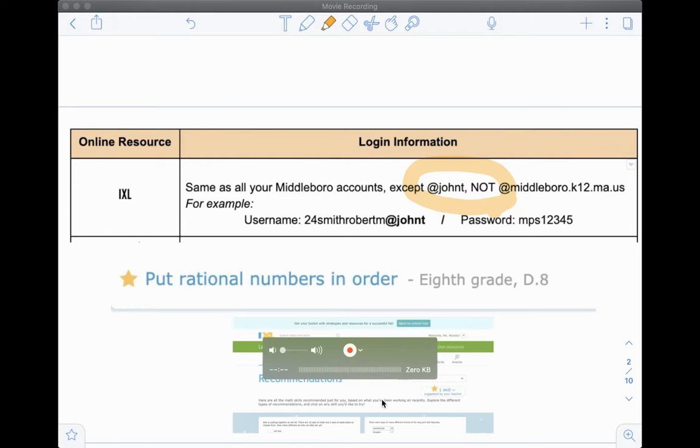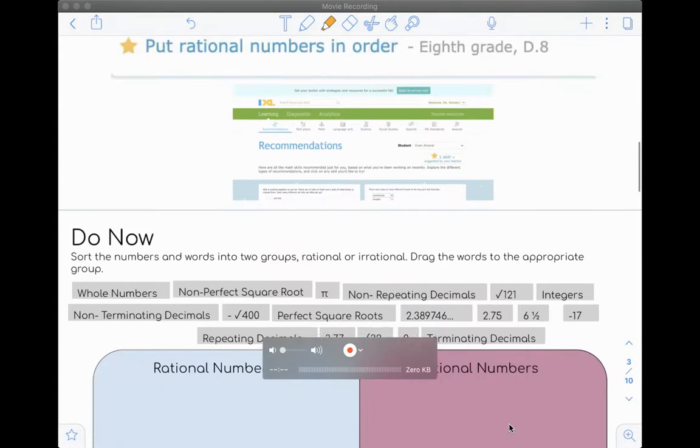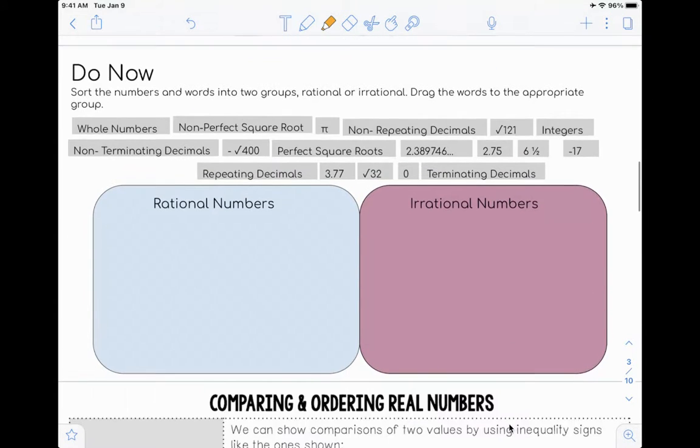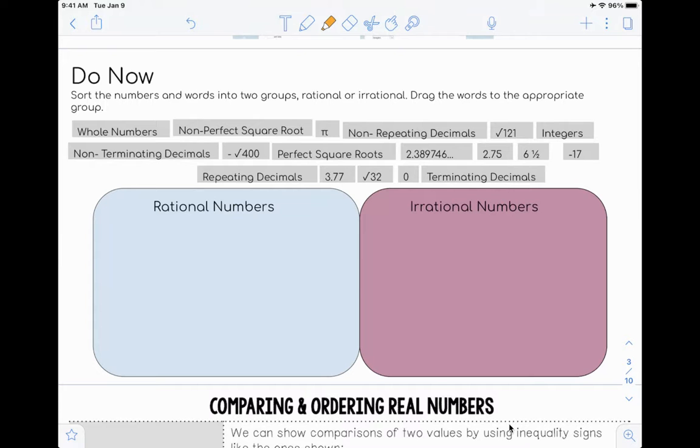So please take a minute now and complete this do now by sorting the numbers in the appropriate spots for rational and irrational.